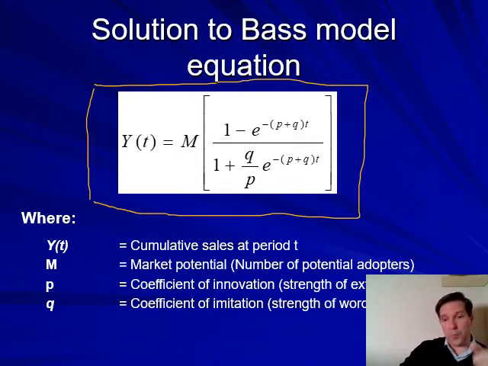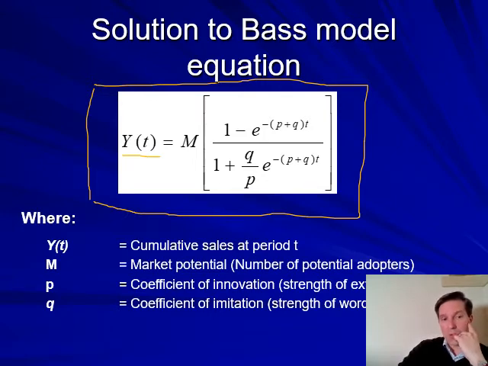In fact, I will post an Excel spreadsheet where you have the possibility of using this model as per this equation. And what this does is it tells you what your cumulative sales are going to be, which is that plot that we were showing, that diagram, over time, and as a function of these parameters.